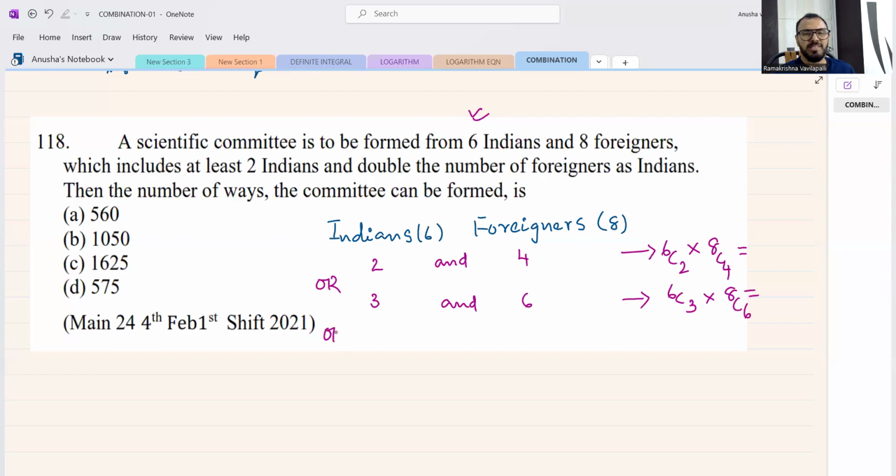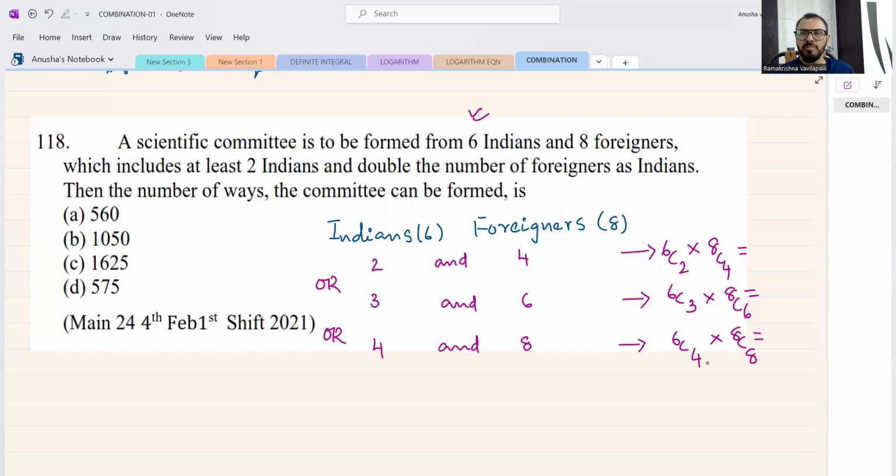Or last case, if you select 4 Indians, then you have to select 8 foreigners from 8 foreigners. This can be done in 6C4 into 8C8.